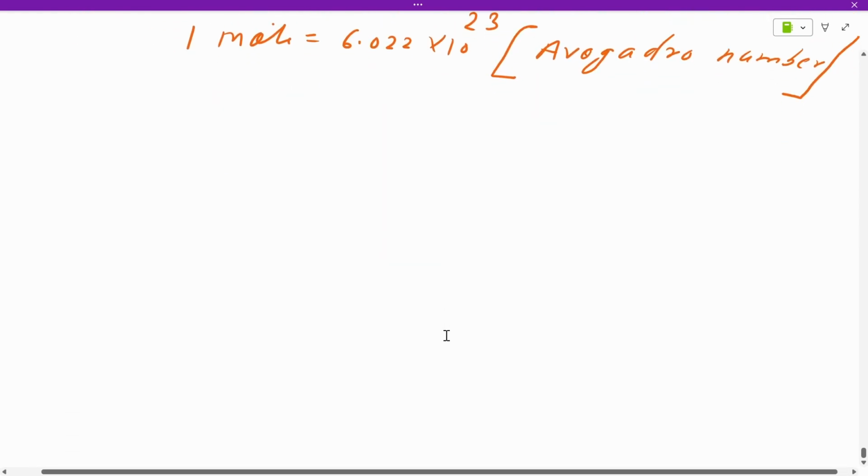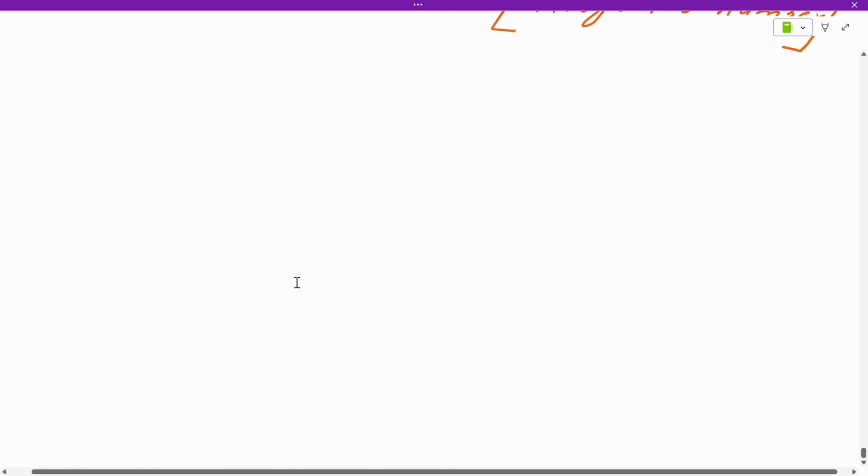So how can we define mole? It is typically a number, a numerical value. Suppose the atomic mass of one hydrogen atom is 1 U. So the total number of atoms whose mass is 1 gram will be 6.022 into 10 raised to power 23 atoms.